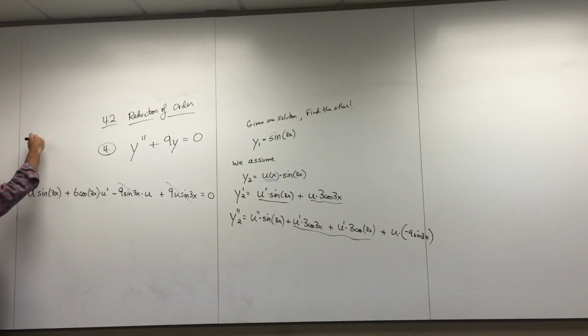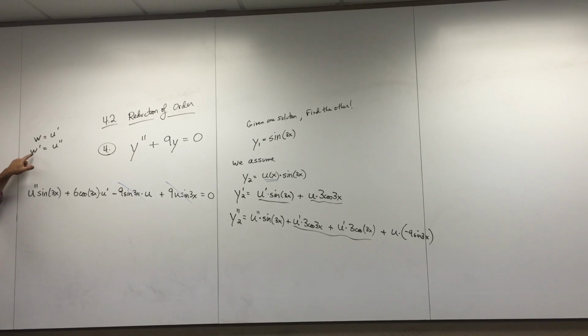We're going to let w equal u prime. So then what's w prime? U double prime. W prime is u double prime.